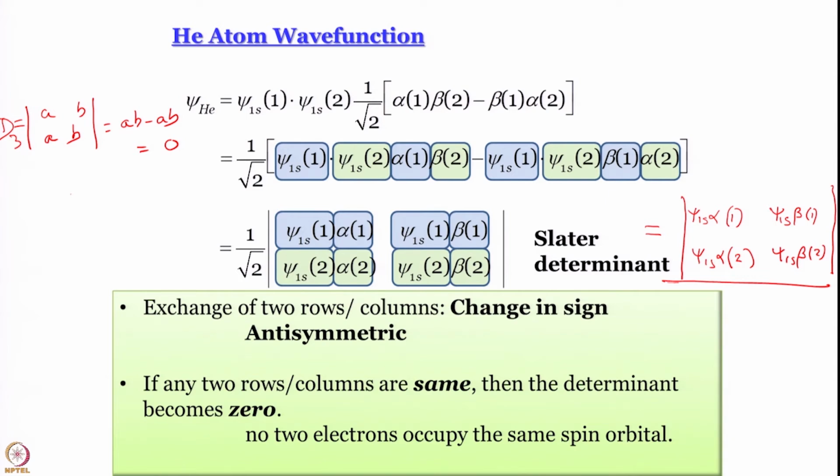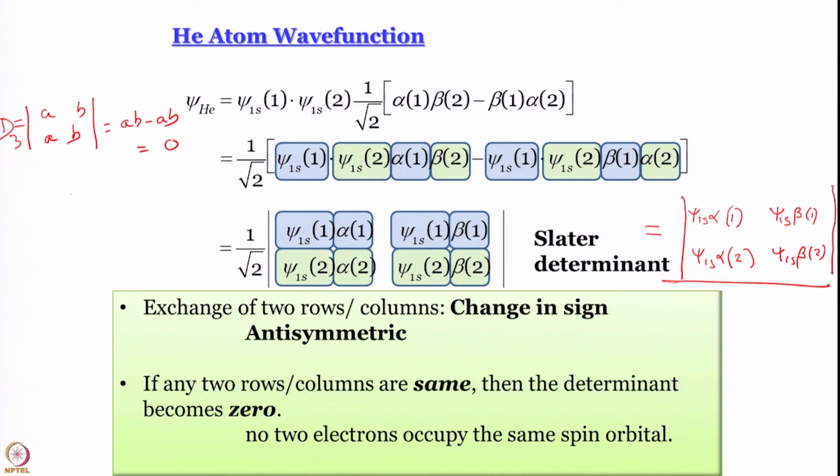right. What am I saying here? No 2 electrons can occupy the same spin orbital. So, what is the meaning of 2 electrons occupying the same spin orbital? It will be psi 1s alpha 1 and psi 1s alpha 2 at the same time, right.